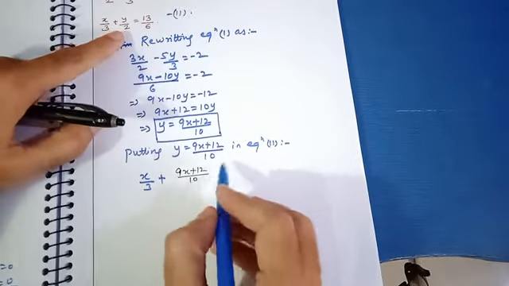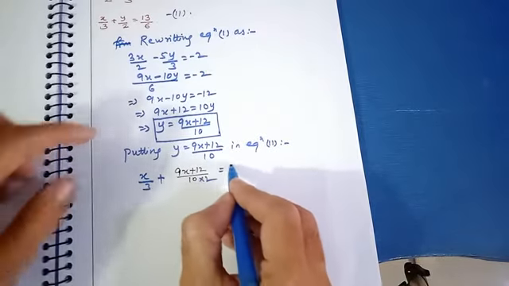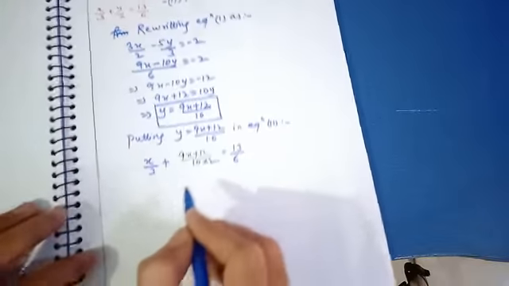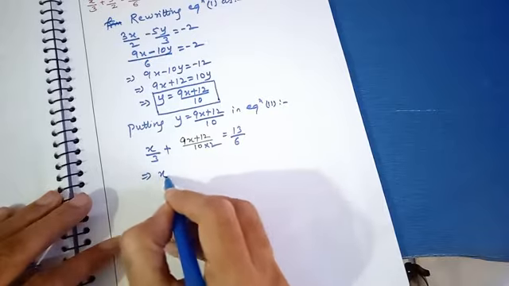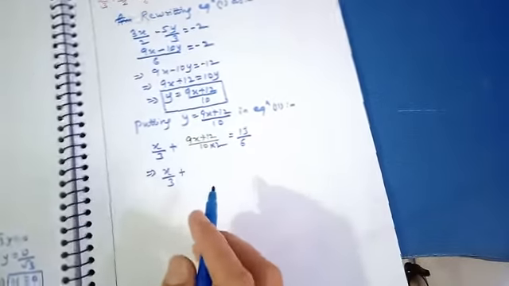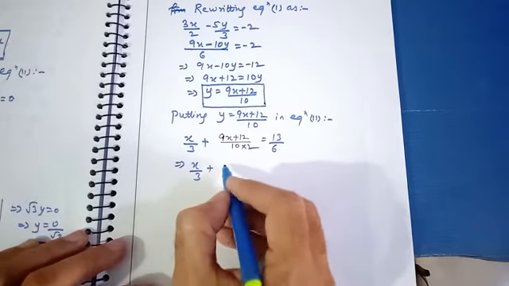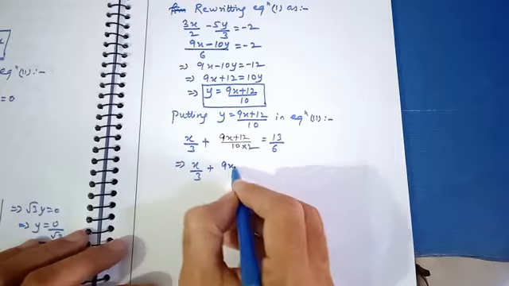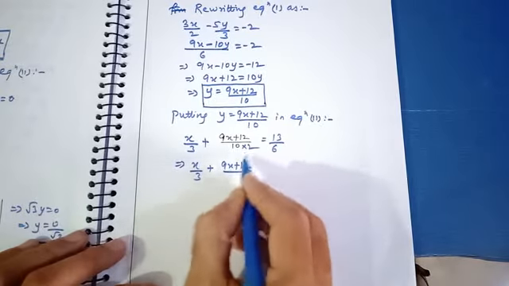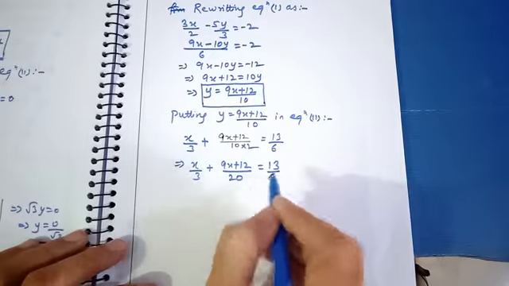And this 2 will be multiplied with 10 only. This will equal 13 upon 6. So this implies x upon 3 plus, now see students, what can we do with this? We will write it as 9x plus 12 upon, this will become 10 2s are 20, equals 13 upon 6.